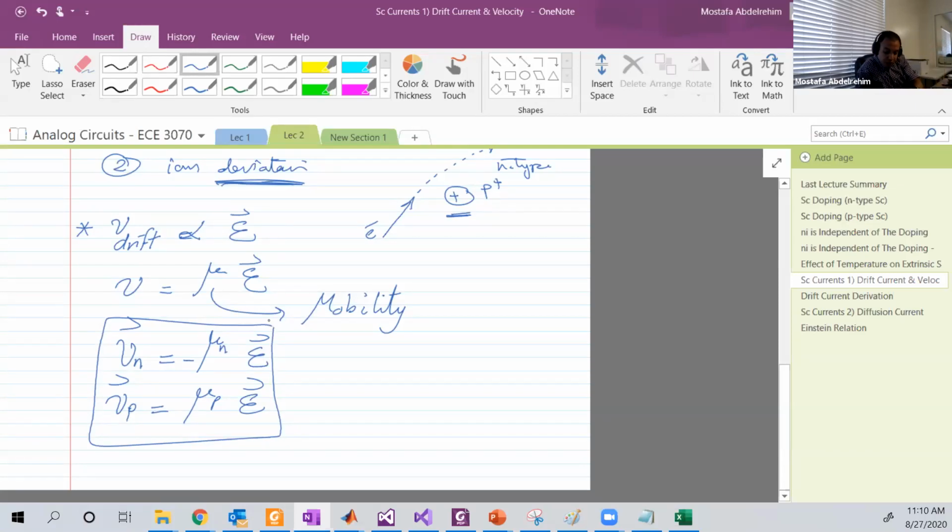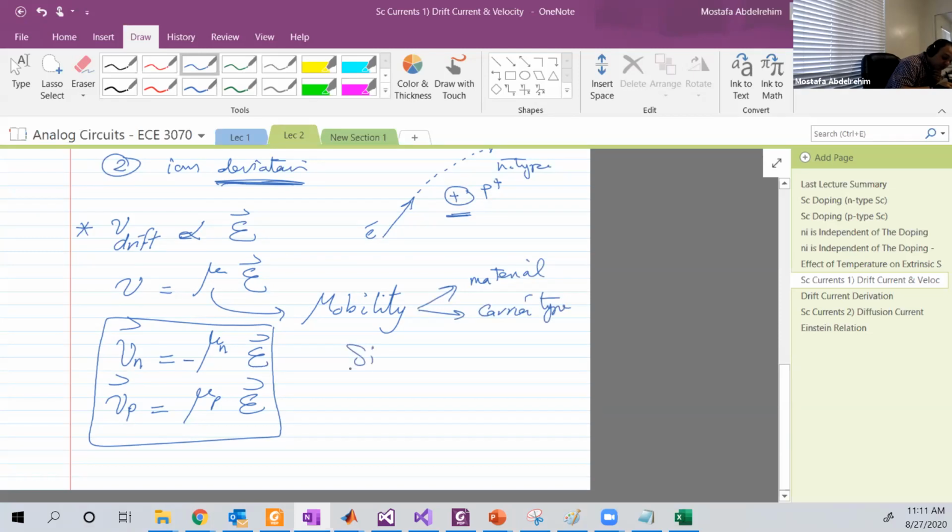One last thing here is that, as we said, this is dependent on the material and the carrier type, either hole or electron.